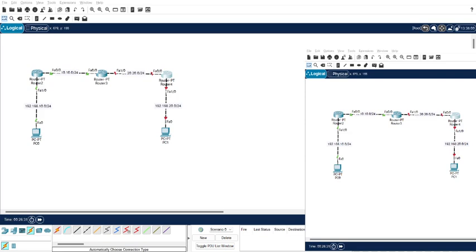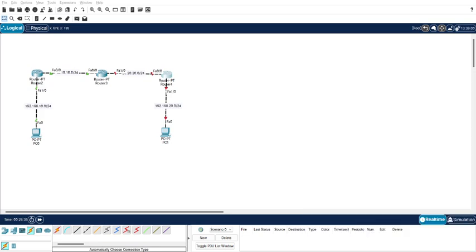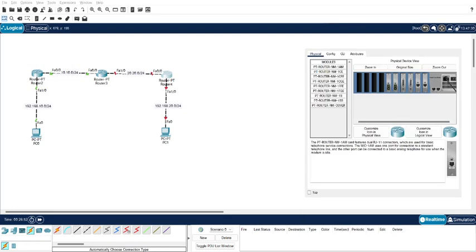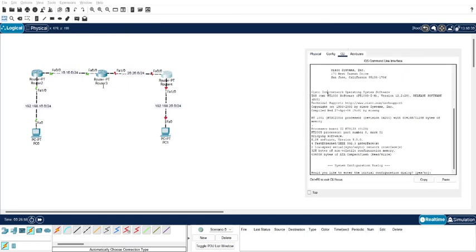Okay, let's head to router number 4. Wait, number 2 is router number 4. There are quite a lot of issues when you are using this router. Oh, this is router number 4.